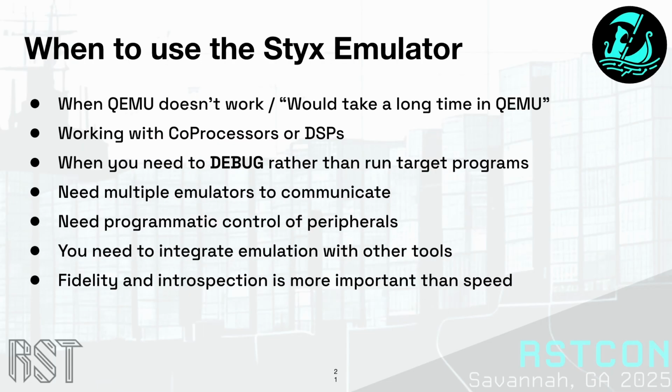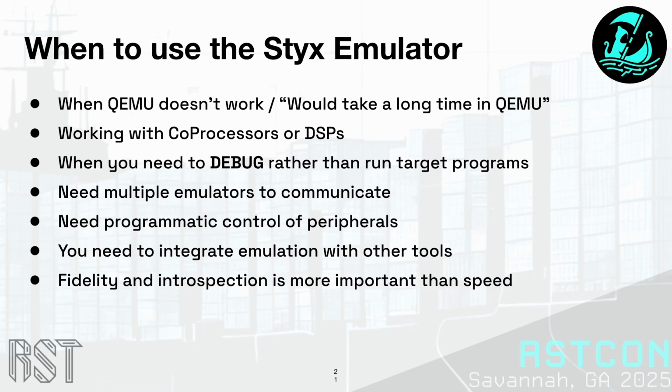The main use case for the Styx emulator is when QEMU doesn't work. QEMU, as I mentioned at the very beginning, has millions of man hours poured into it, to support all the things. It's great, but sometimes it doesn't, and a lot of times that is more pain than it's worth. So what's the good option? There's not really an option right now besides making a fork.